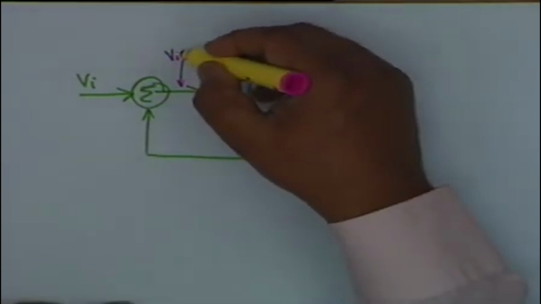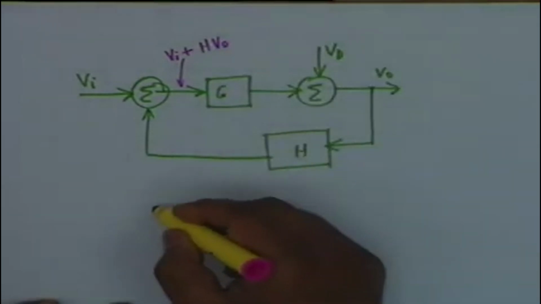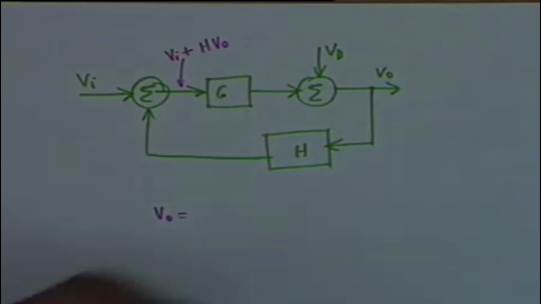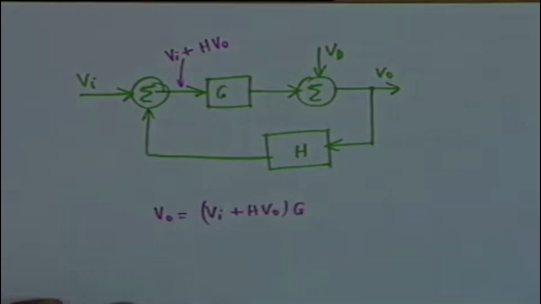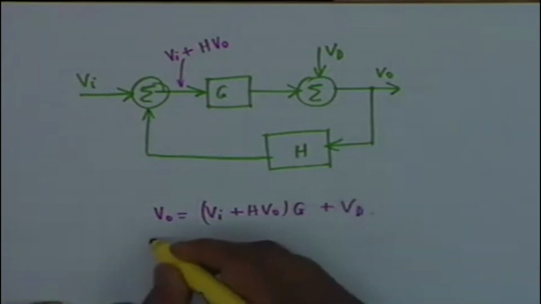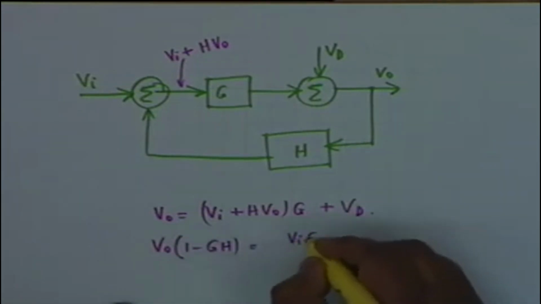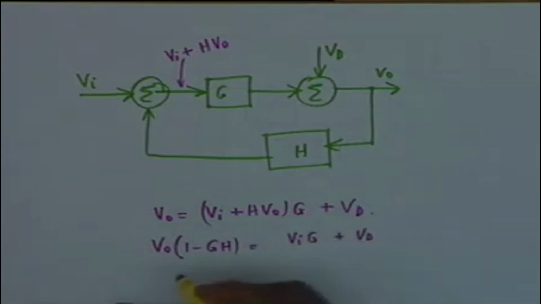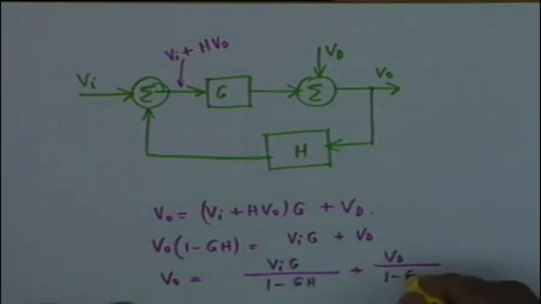This is Vi plus H times V0, okay, and therefore V0 is equal to Vi plus H V0 multiplied by G plus Vd, and therefore we get V0 times 1 minus GH equals Vi G plus Vd, or V0 is equal to Vi G divided by 1 minus GH plus Vd divided by 1 minus GH.